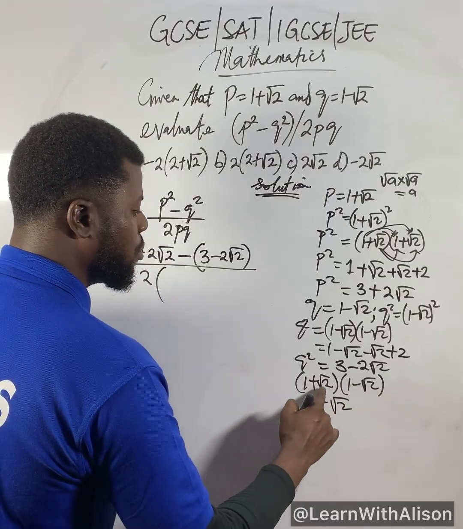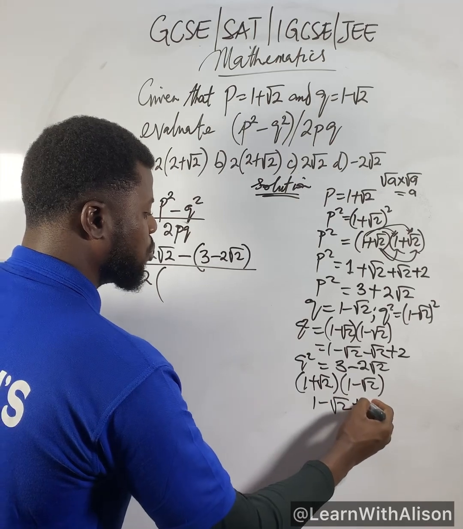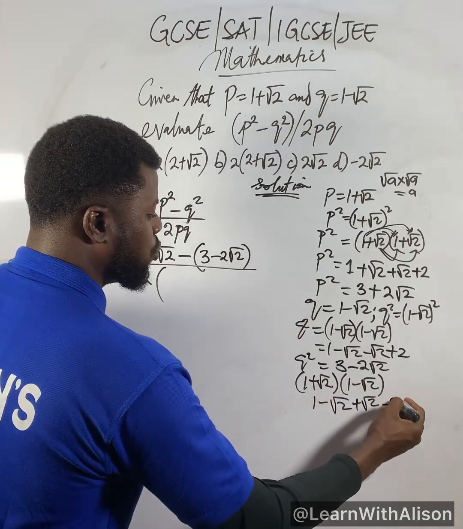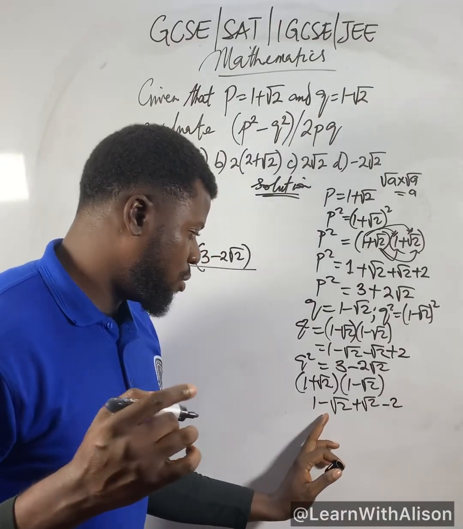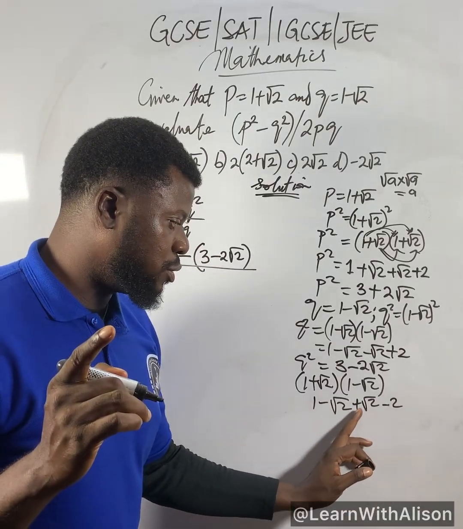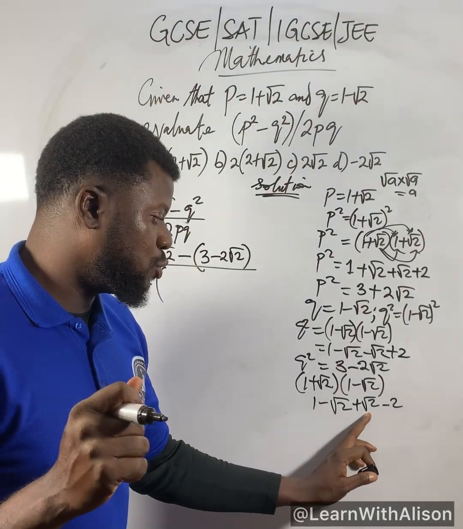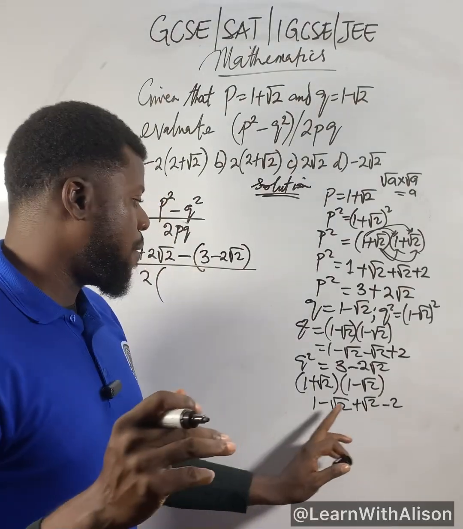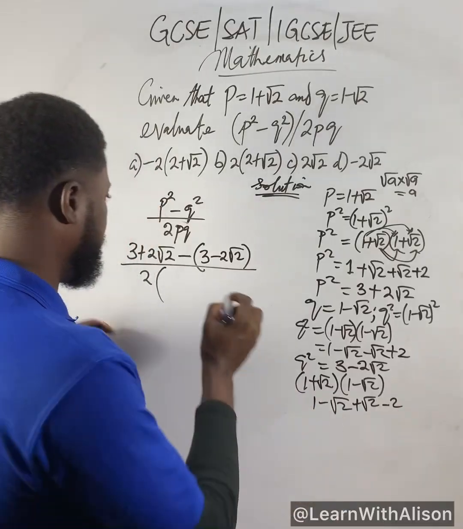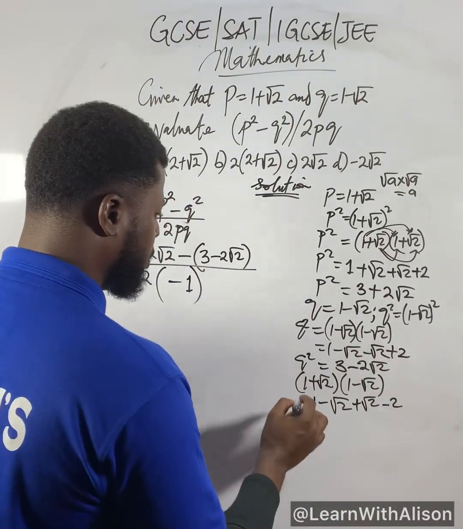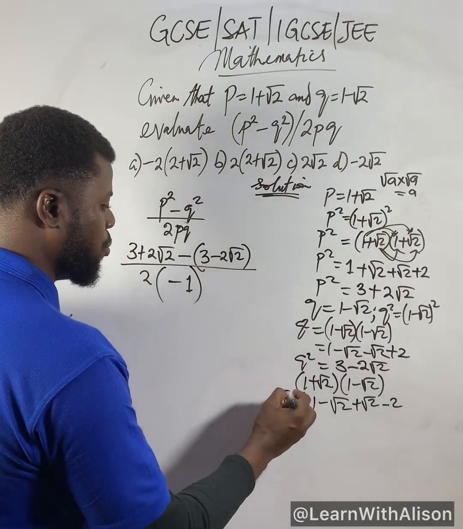Plus root 2 times 1 will give us plus root 2, and then root 2 times minus root 2 will give us minus 2. So finally, did you notice that negative root 2 plus root 2 will give us 0? So 1 minus 2 will give us minus 1. Very simple. So remember, this is for PQ.